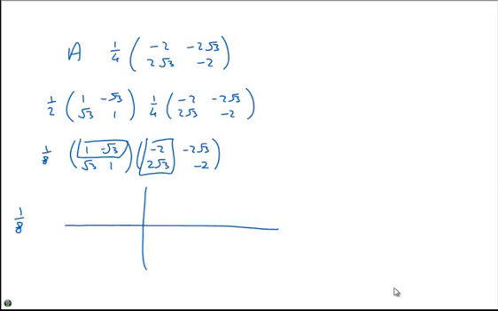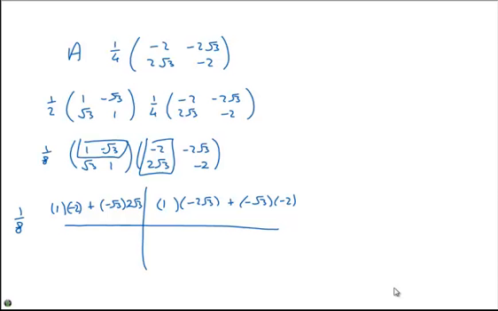So it'll be 1 by minus 2, plus minus root 3 by 2 root 3. Then it'll be 1 multiplied by minus 2 root 3 plus minus root 3 times minus 2. Don't take any chances with the signs. Nice and slow and steady.